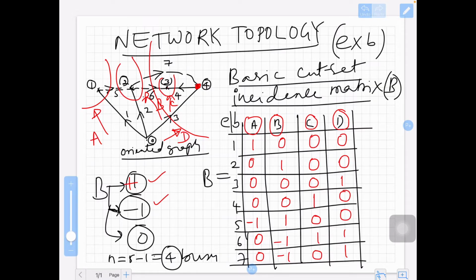And let us see the direction. 3 is towards that node, 6 is also towards the fourth node, 7 is also, they are all plus. So this is how one can find the basic cut set incidence matrix B for a given oriented graph.